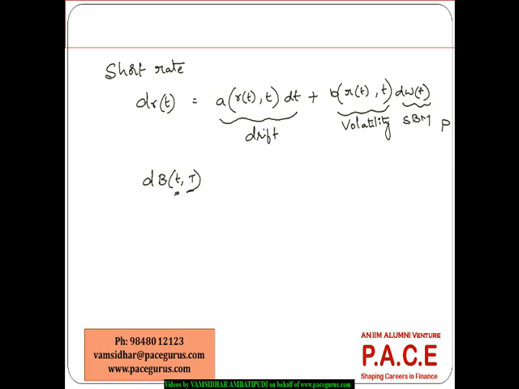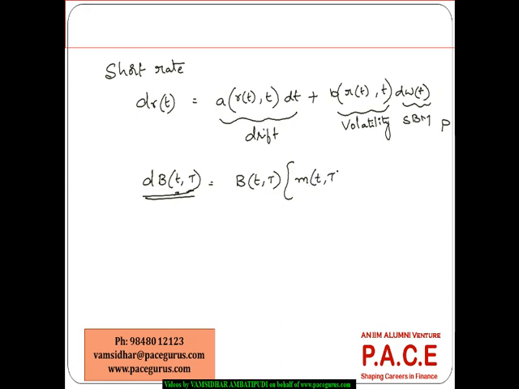For a zero coupon bond maturing at time T, if I want to find its present value, I simply take it as B(t,T), whatever the current price is. The stochastic differential equation for this works out to dB(t,T).